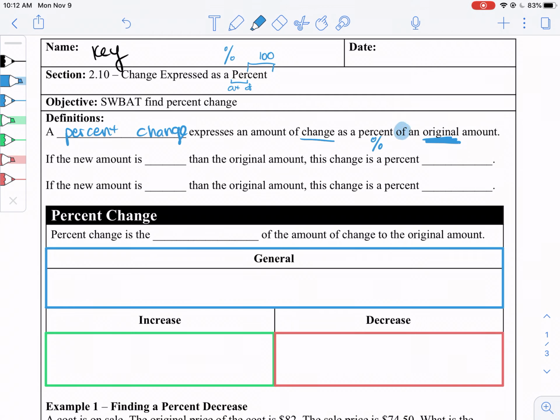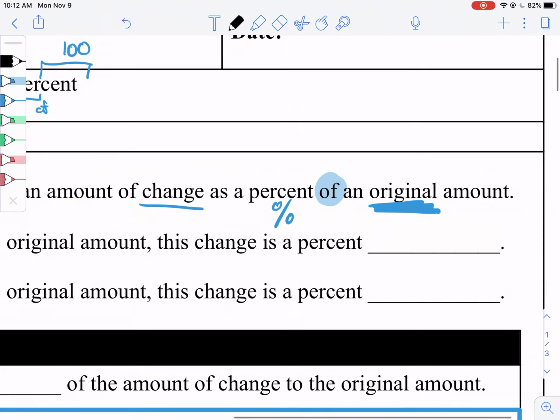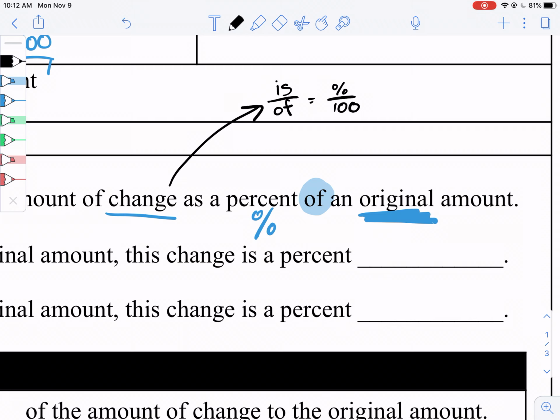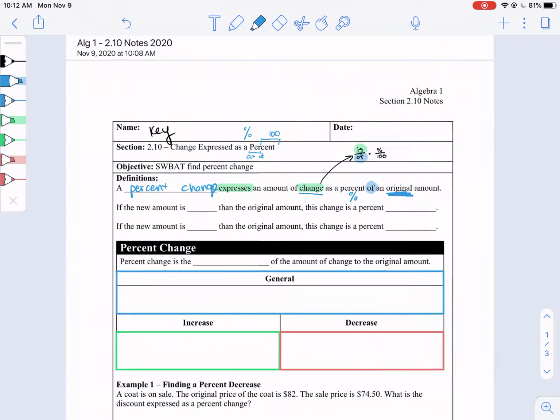We'll say percent change is a percent of an original amount. Hopefully this is causing you to remember is/of equals percent over 100. This is just a new way to look at this type of thing. So in this case, the change is a percent of our original amount.